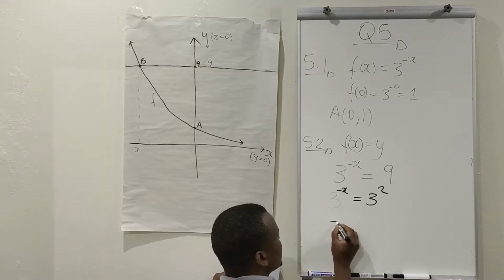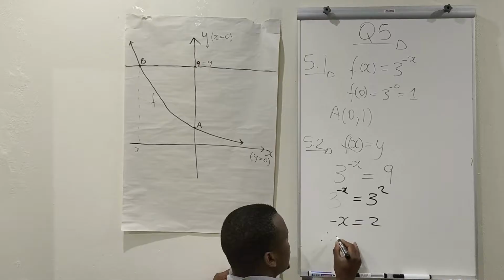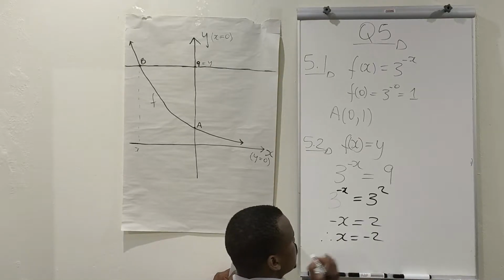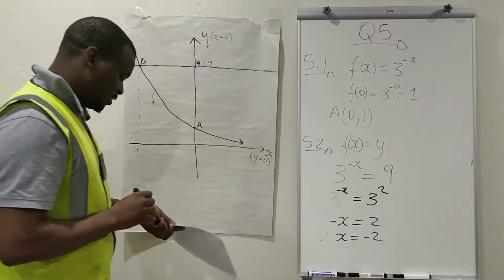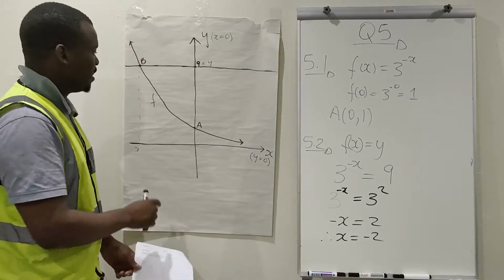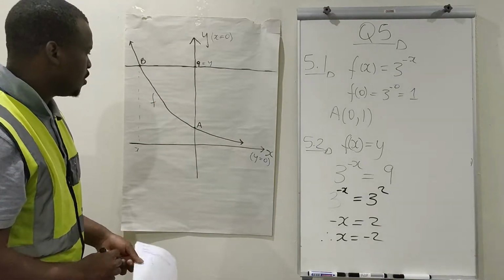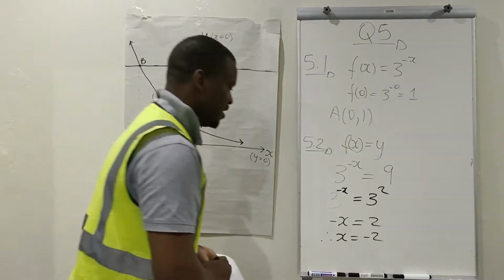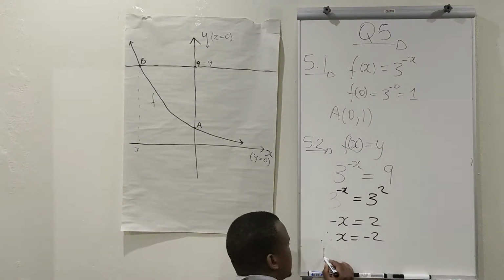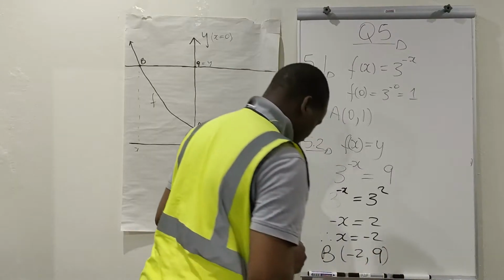So you have negative x equals 2. Therefore, x is equal to minus 2. So you find that your x value here is minus 2, right? Then your y value is 9. So the coordinates for B are (minus 2, 9).